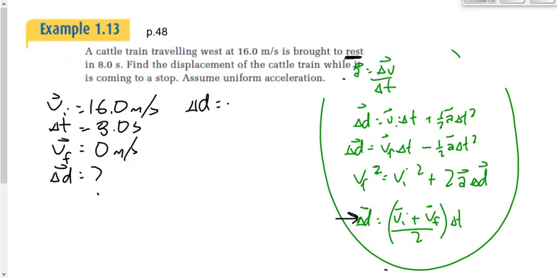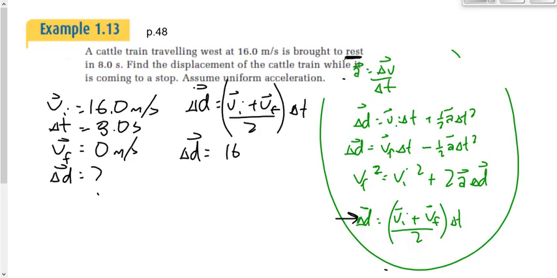D is equal to VI plus VF over 2 times T. Do I have VI? Yes. Do I have VF? Yes. Do I have T? All right, it's going to work then. VI is 16 plus VF is 0, over 2, times the time of 8.0 seconds. We're kind of lucky on this because we don't even have to rearrange it, right?